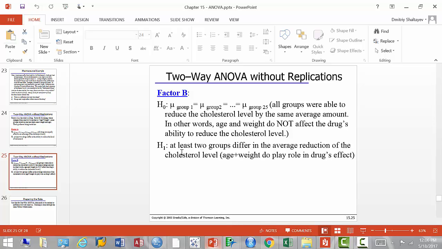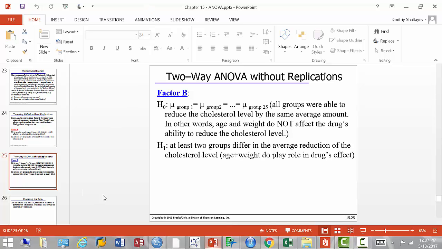It doesn't really matter. Okay? Age and weight is not a factor that affects the outcome of your measurements, right? Alternative says at least the groups have different means, which indicates that it is a factor. Okay? It is important to know what's the age of the patient and how much they weigh, because different ages and different weights are affected by the drug differently. Okay? That's what my alternative means.